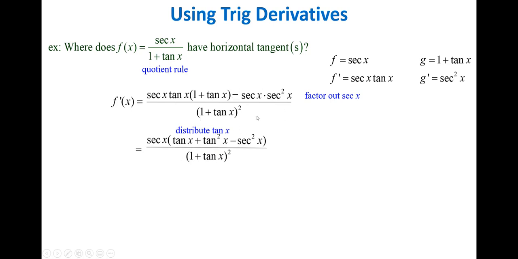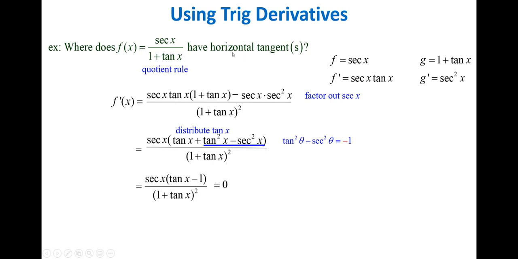And rewriting the denominator, 1 plus tangent x squared. Now, using a trig identity, maybe a less commonly known one, tangent squared theta minus secant squared theta is equal to negative 1. Therefore, I'll rewrite this, secant of x times tangent of x minus 1, all over 1 plus tangent x squared.